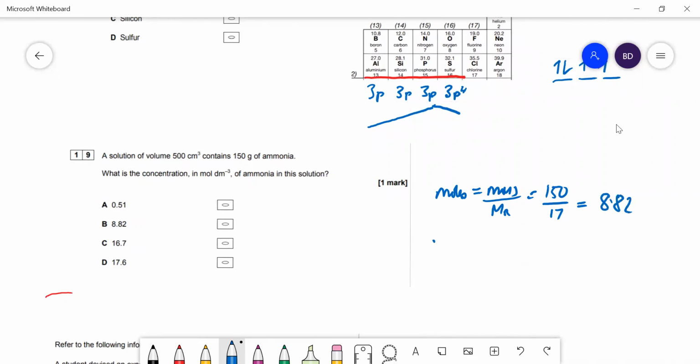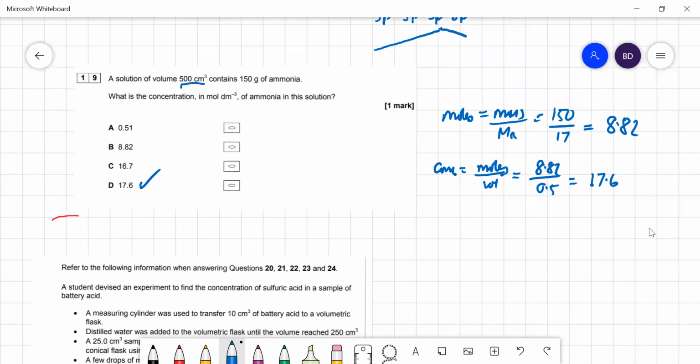Now we have to do concentration is equal to moles over volume in dm cubed. So that's 8.82 divided by the volume, which is 500, so that's 0.5 dm cubed, which gives us 17.6. So it's that one there. Very concentrated solution. Conc ammonia. Ammonia is very soluble in water, can form hydrogen bonds with water.